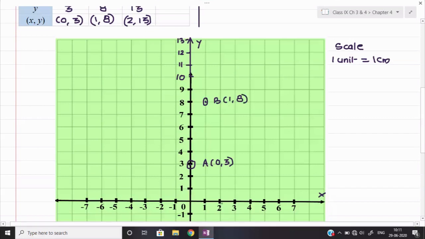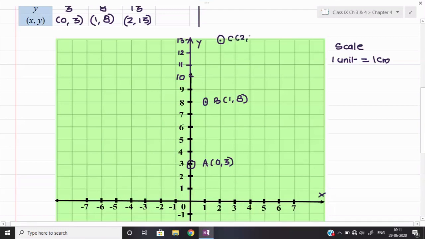So from x equal to 2 on the x-axis, I will go up, and at 13 I will mark a point. This will be (2, 13). This point I will mark C.